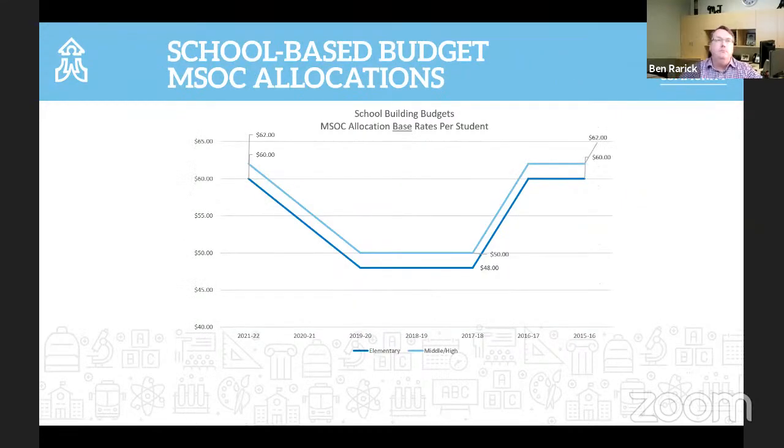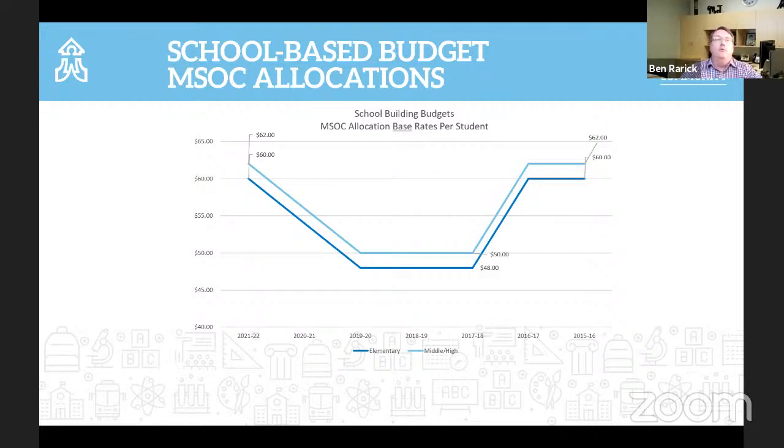Okay. The other thing that happens in March is we get schools started on their school-based budgets. And part of that is the base, we do a base allocation rate for maintenance, supplies, and operating costs, the so-called MSOC rate.